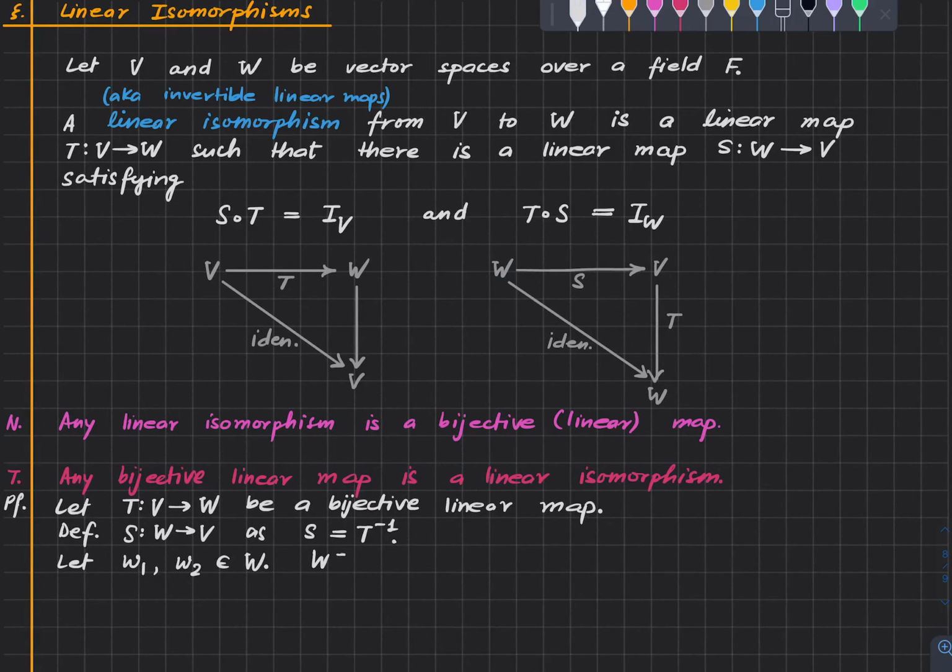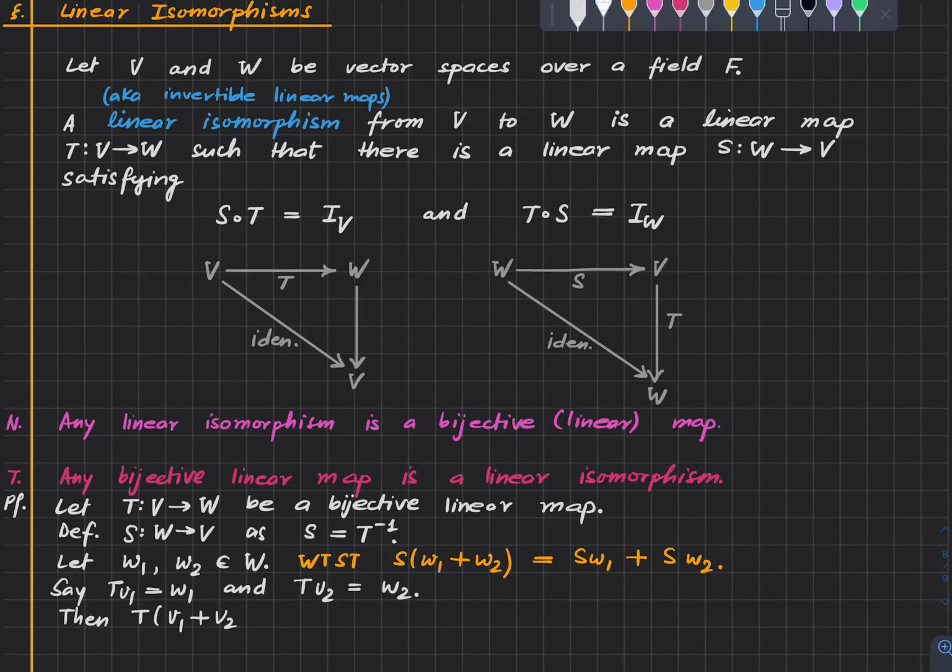We want to show that S(W1 + W2) = S(W1) + S(W2). Since T is a bijective linear map, it is in particular surjective. So say T(V1) is W1 and T(V2) is W2. Then by the fact that T is linear, we have T(V1 + V2) = W1 + W2, and therefore V1 + V2 is S(W1 + W2).